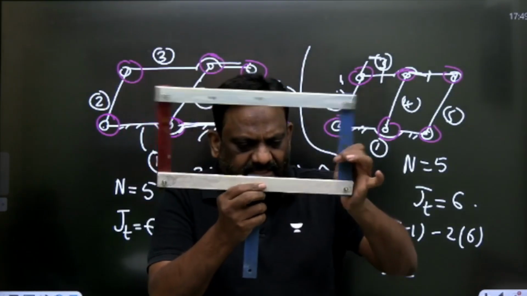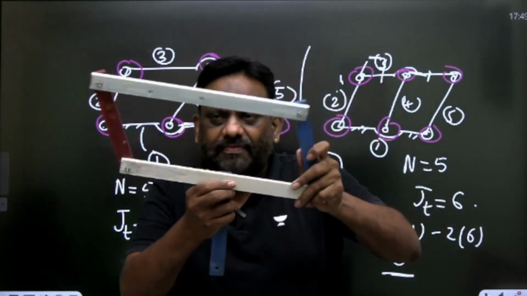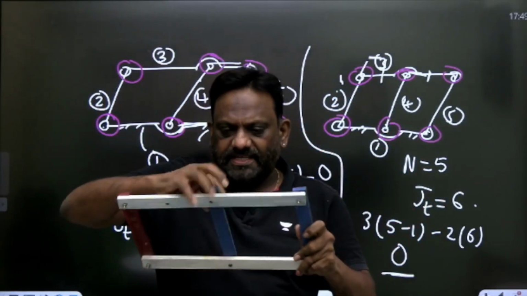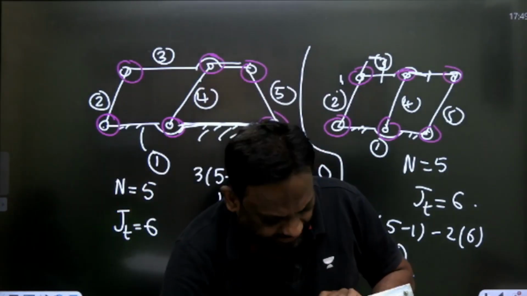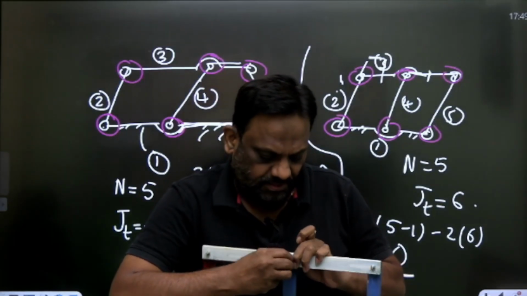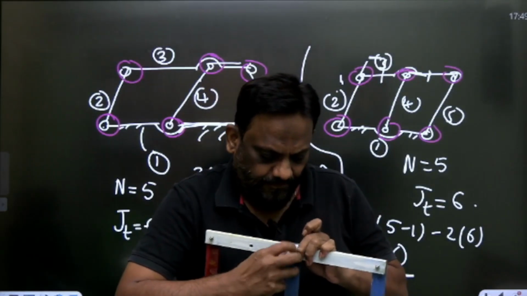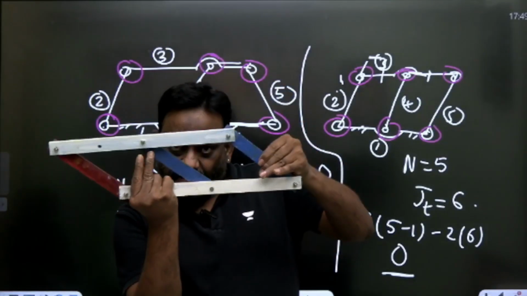Whether the middle link is there or not. See, when there was a middle link, let's keep the middle link. Now see the motion. There is a middle link and see the motion. I am giving input to this. Yes, I am getting output.